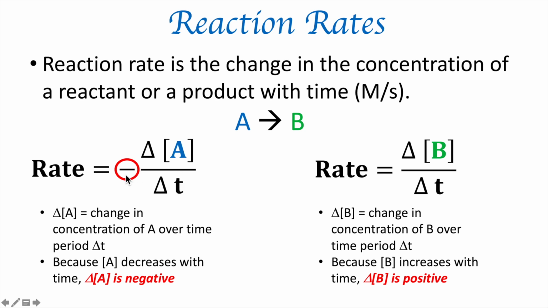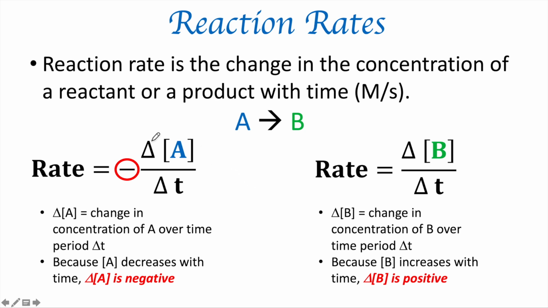But one of the key things here is that this has a negative value. B, on the other hand, you could also be measuring the production of B as the change of B over the change in time. But this has a positive value. The reason this has a negative value is because you are losing material.